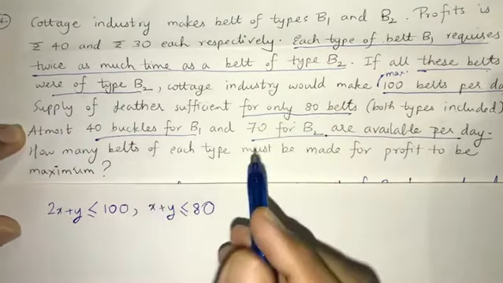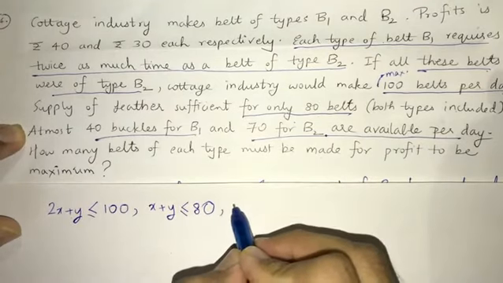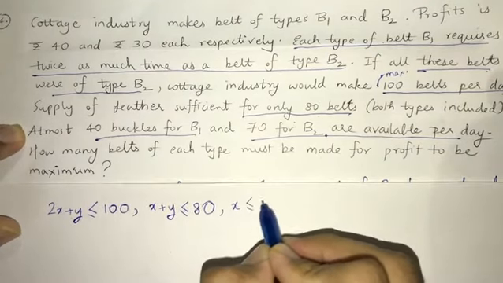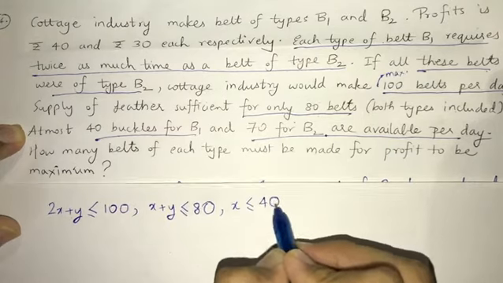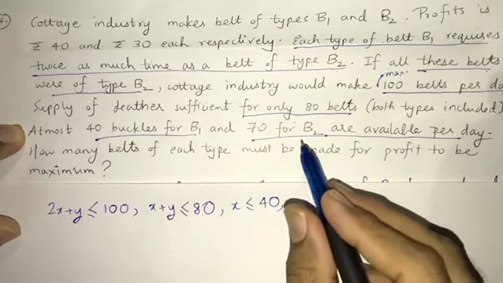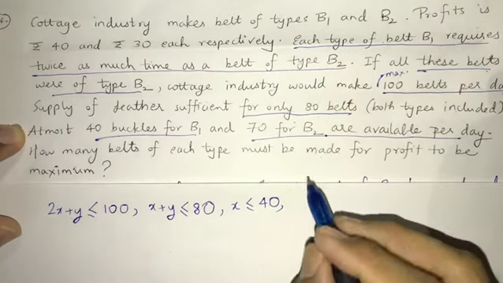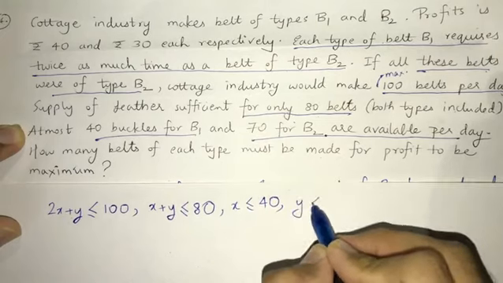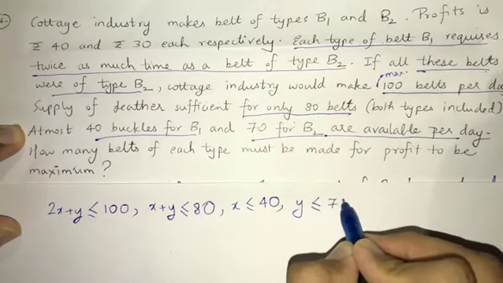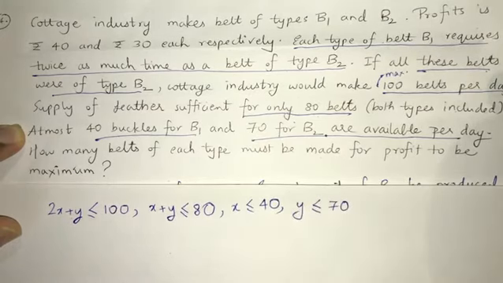At most 40 buckles for B1, so x is less than or equal to 40, and 70 at the most. It's not at least, max to max there are 40 buckles for B1 available and 70 buckles for B2 available. How many belts of each type must be made for the profit to be maximum?